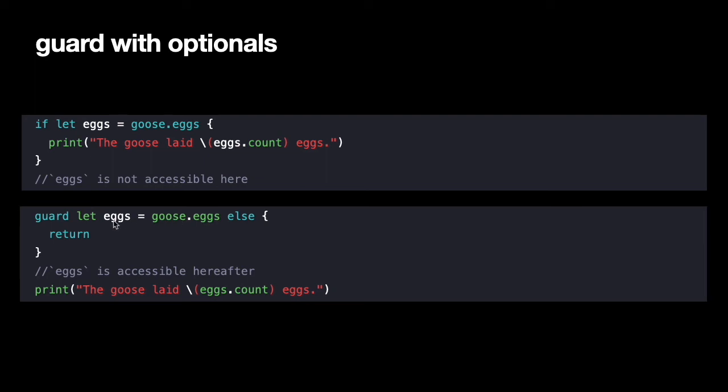If we fail to unwrap them, then we have an error condition and we return out of our function. But if we successfully unwrap them, then eggs is accessible for the rest of our function, which is really cool. This way, you could have guard statements too.